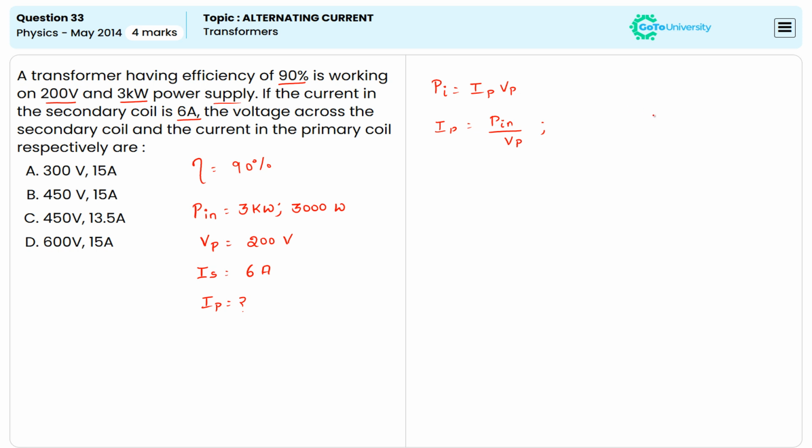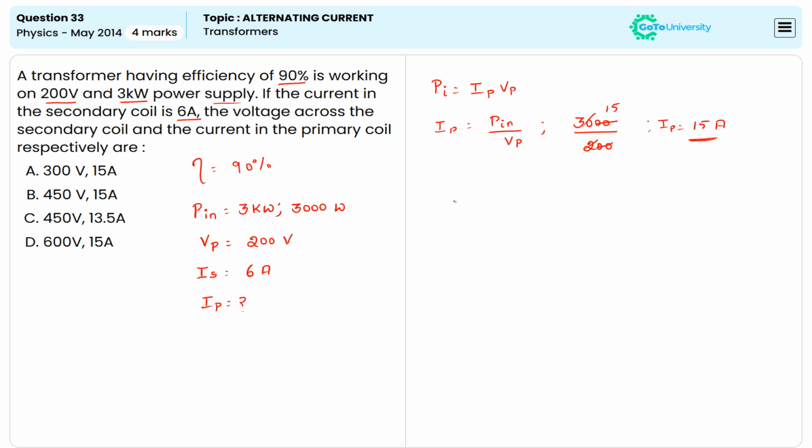By substituting the values, inlet power is equal to 3000 watts, and 3000 divided by Vp, which is 200. Two zeros cancel, 2 15 times 15 is 30, so Ip is equal to 15 amperes. The primary coil current is equal to 15 amperes.